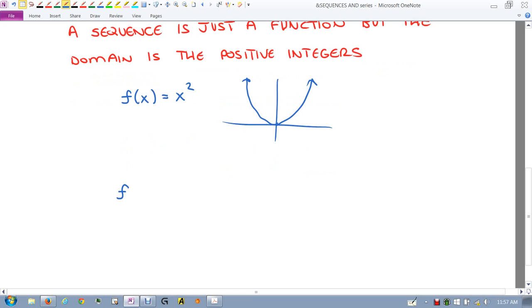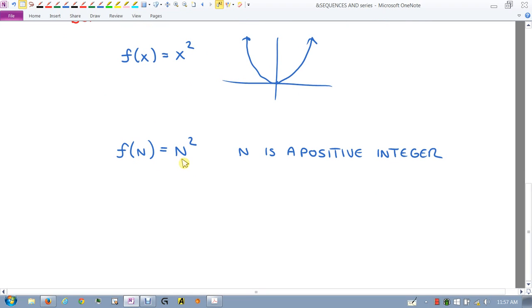It's a function. I'm going to put n in here, n squared, where n is a positive integer. So to compare these two: what is the difference between f of x equals x squared, where x is allowed to be anything, versus f of n equals n squared, where n is a positive integer? What is the difference graphically? They're dots.